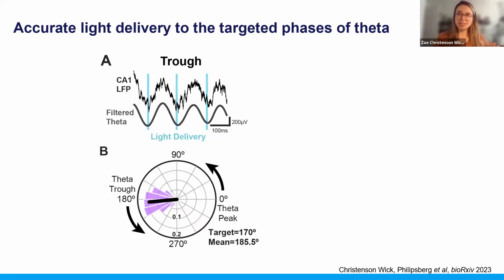And below that, in this circular histogram, I have all the light deliveries targeted to the trough, and this is from one animal. You can see that the distribution of those are occurring really nicely at that theta trough, and very few to none are happening at like the opposite phase, for instance, and they're all really targeted around that area.